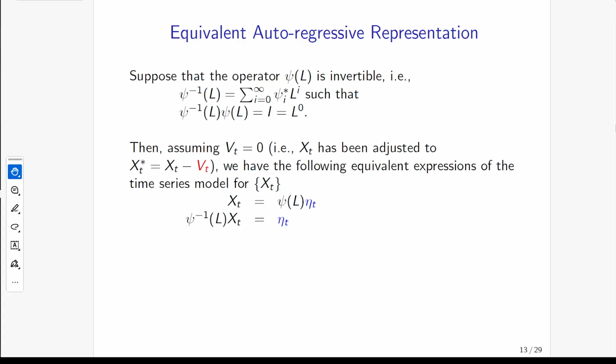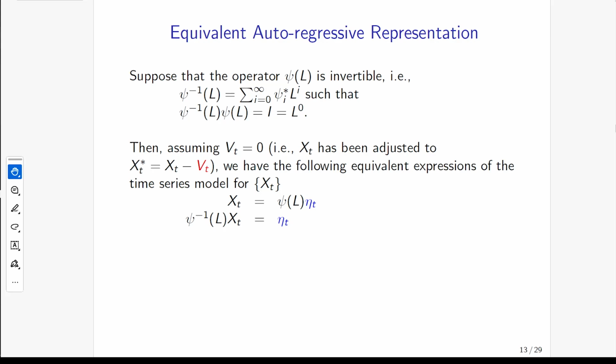And if it's invertible, there exists an inverse operator with coefficients psi j star, and the product of these two polynomials is simply equal to the identity.